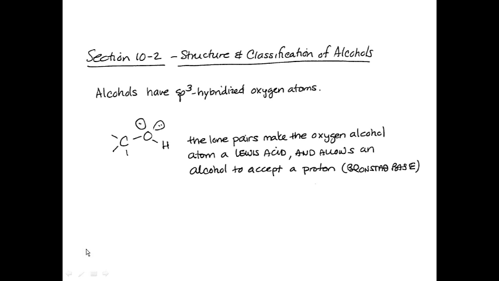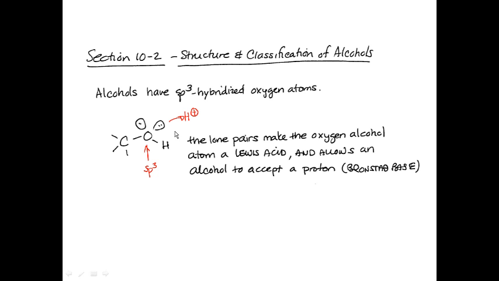So if you look at alcohols, it's an OH group attached to a carbon. The oxygen we know from last semester is sp3 hybridized. It has two lone pairs and it has a hydrogen. So what we're going to find is that the oxygen of the alcohol can accept a proton.